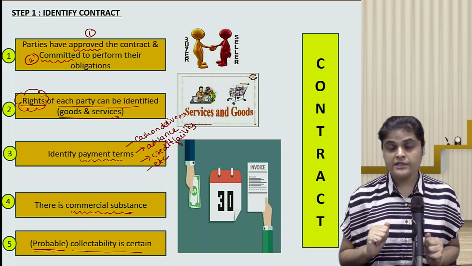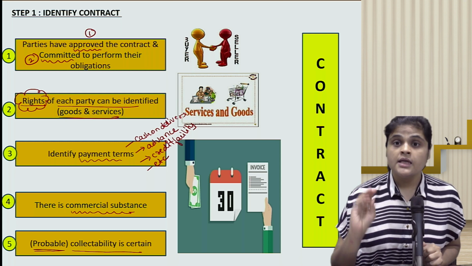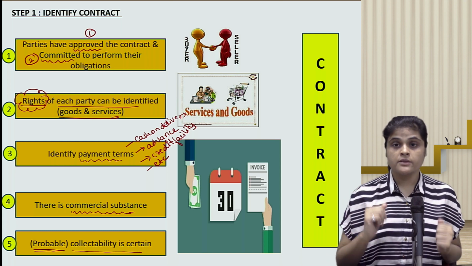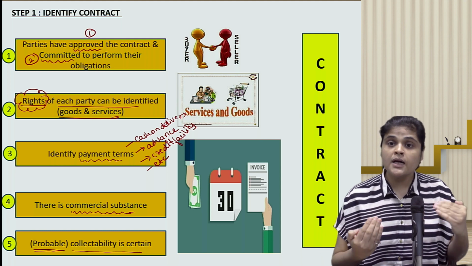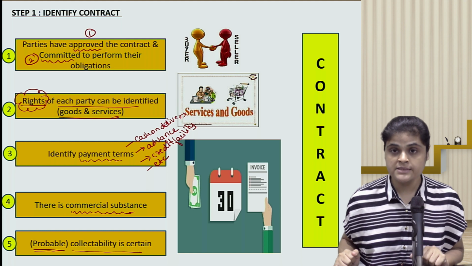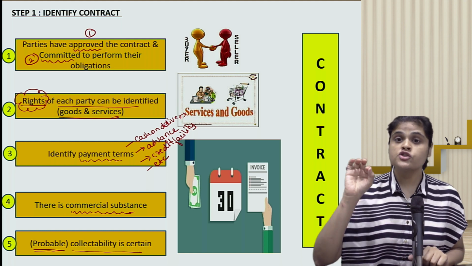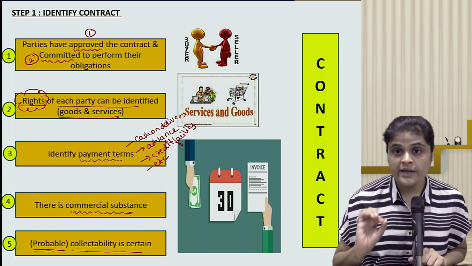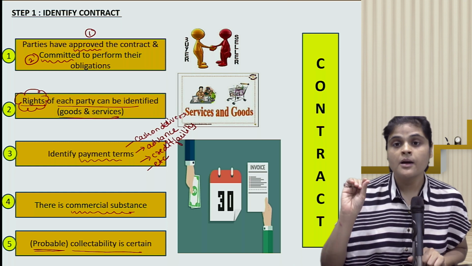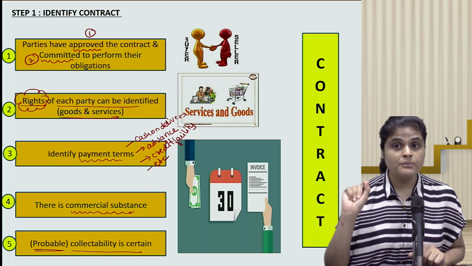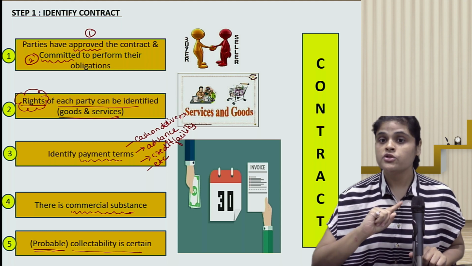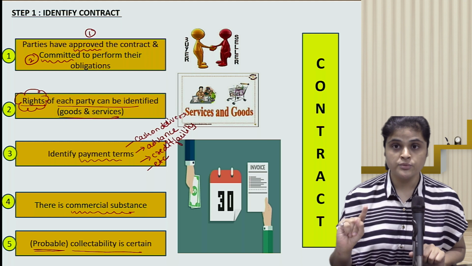Their rights should be identified. Third, the payment terms should be clear. Fourth, there should be economic understanding, there should be commercial substance between the two parties. And fifth, it should be certain that we are going to receive money from the buyer. Wherever you are not sure that the money will be recovered from the buyer, you cannot record revenue.